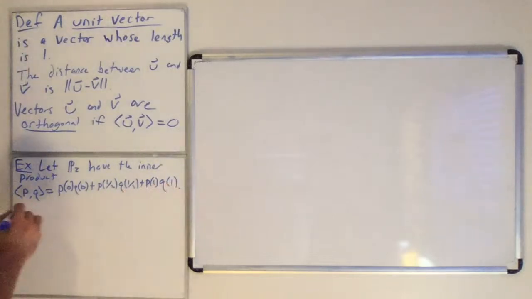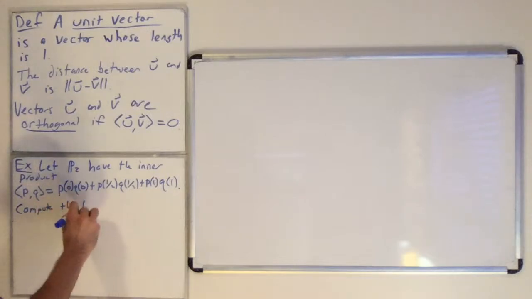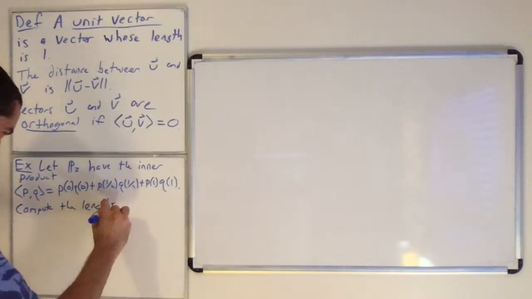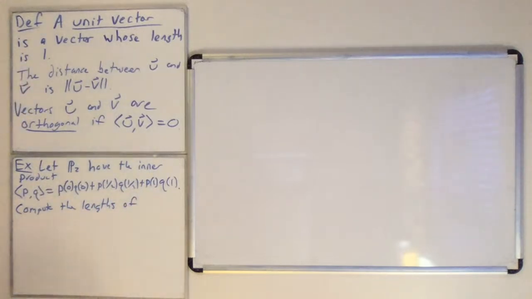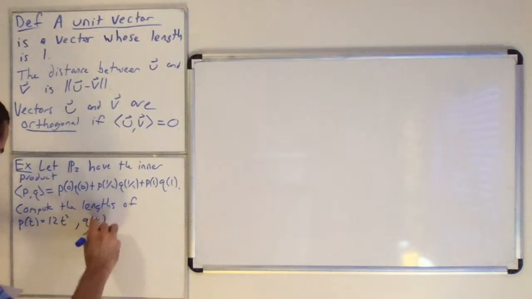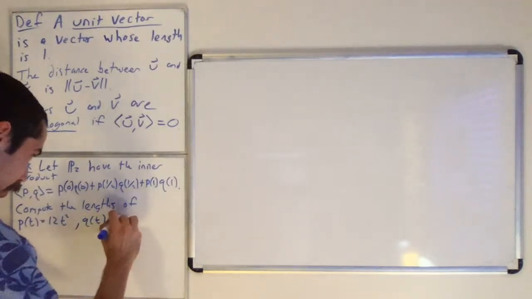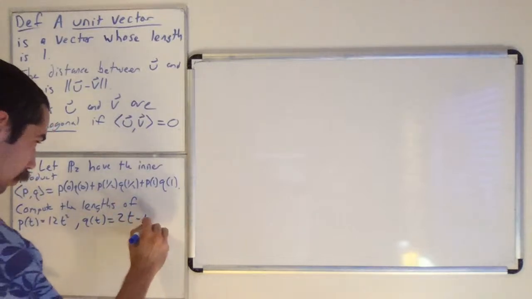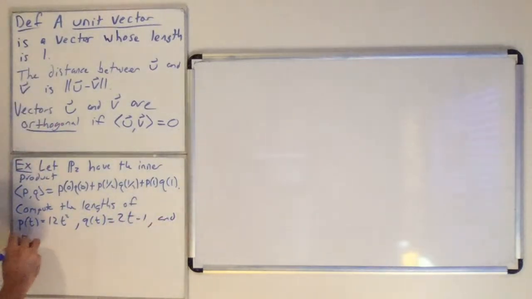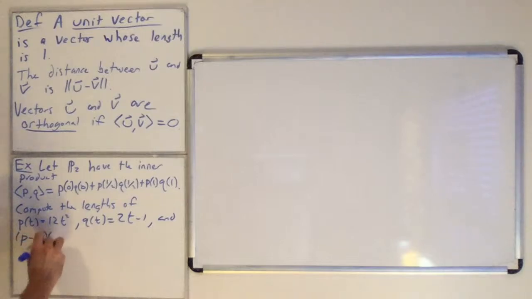The question is compute the lengths of P of t, which is equal to 12t squared, Q of t, which I think we already did yesterday, but do it again, which is 2t minus 1, and P minus Q of t.